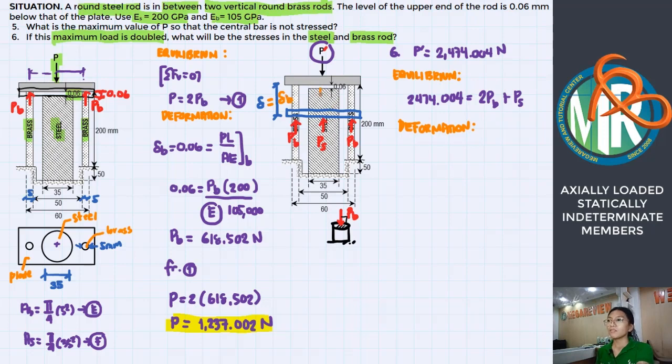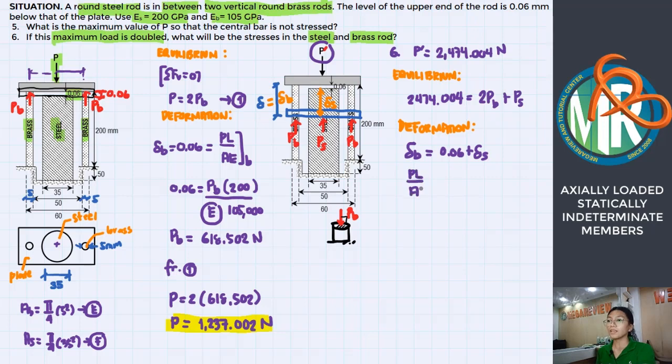And then this deformation, yan, is the deformation of the steel rod. Tama? Kasi again, sabi natin na stress na yung steel rod natin. From there, we can generate the relationship of the deformation of the brass and the steel rod. Looking at this figure, we can say that the deformation of the brass rod is 0.06 plus the deformation of the steel rod. We are again dealing here with axial deformation.